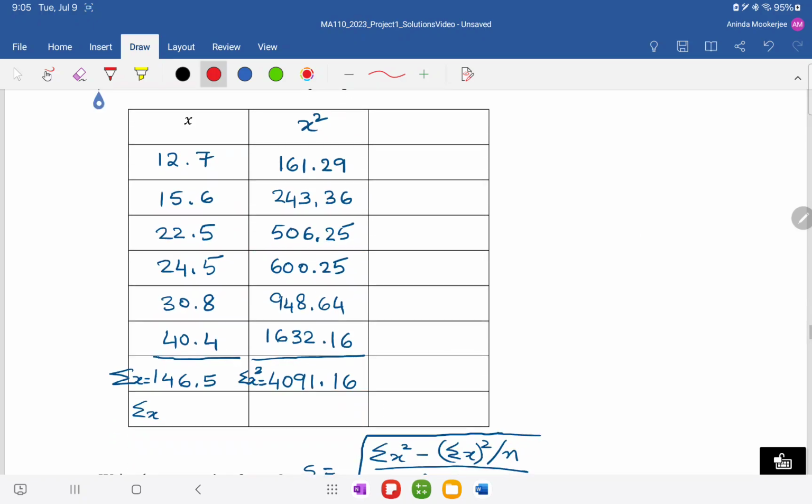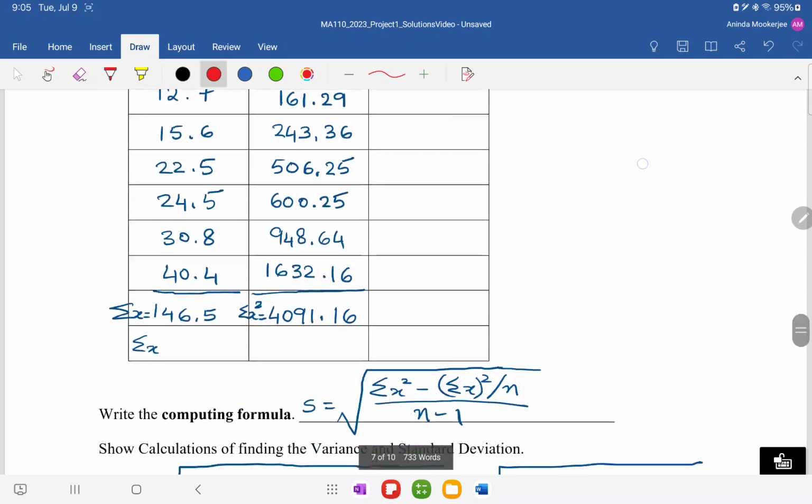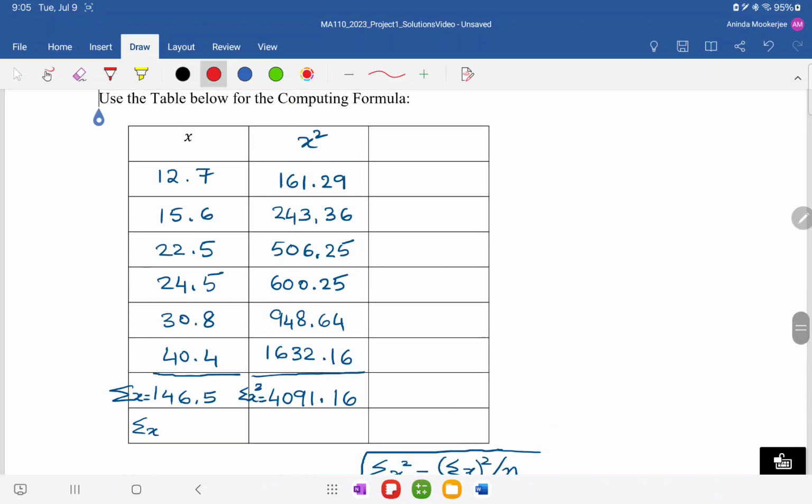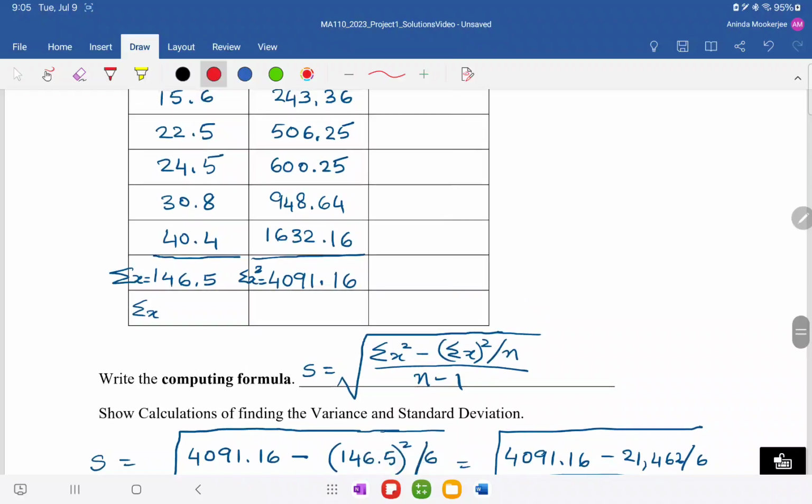Right, so for the computing formula, let's look at the formula first. S equals square root over sigma x squared minus sigma x whole squared divided by n. So to apply this formula, we need two quantities.